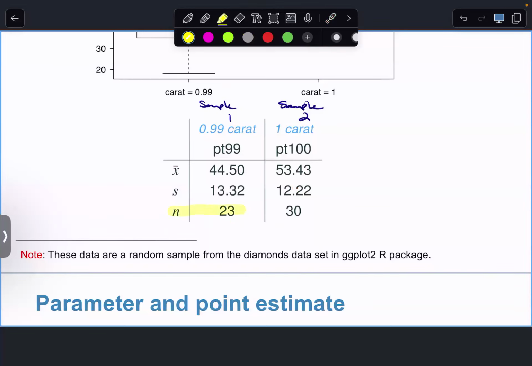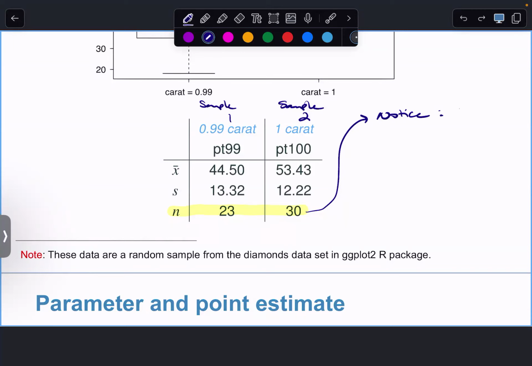I'll make a note here. Notice the sample sizes are allowed to be different. That's also a telltale sign that it's 2 independent sample means. You can have the same sample sizes, but definitely if they're different, then it's 2 independent samples.